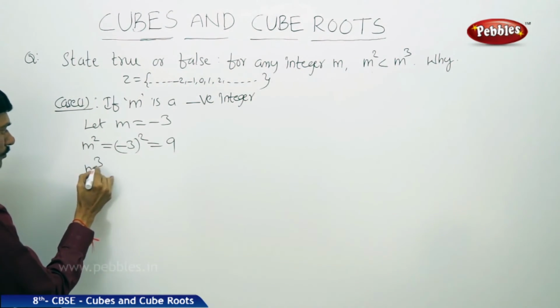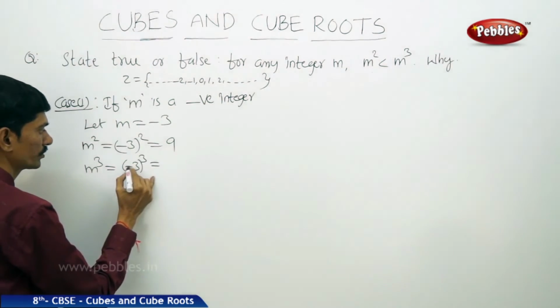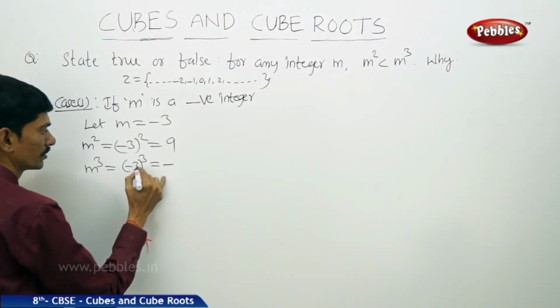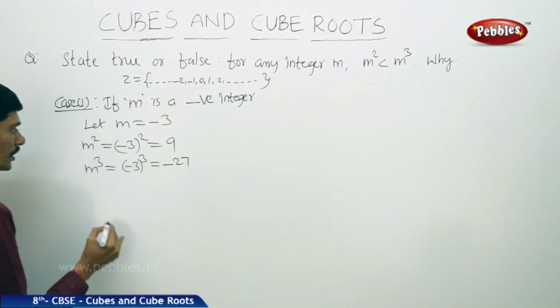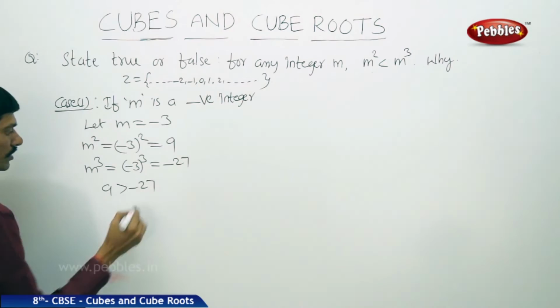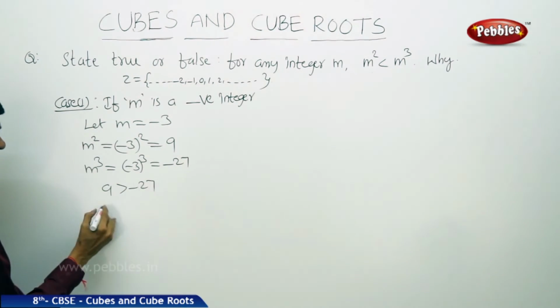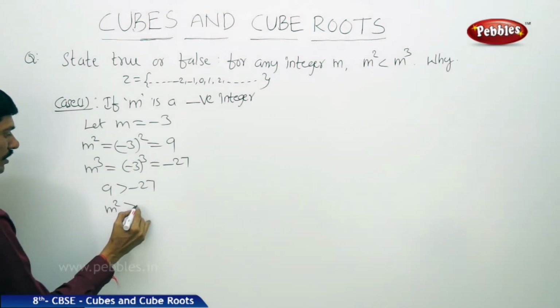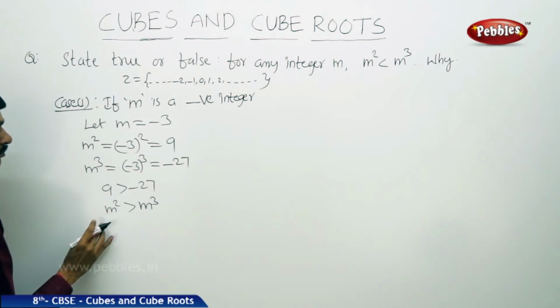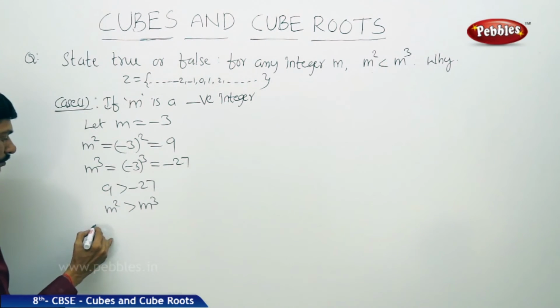Whereas m cube equals minus 3 whole cube equals minus 27, since 3 cube is 27. But here we got that 9 is greater than minus 27. So a positive number is greater than a negative number. So m square is greater than m cube, whereas it is given that m square is less than m cube.